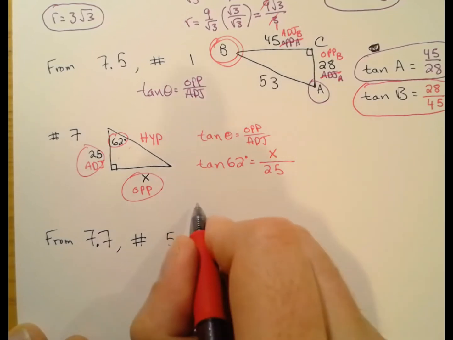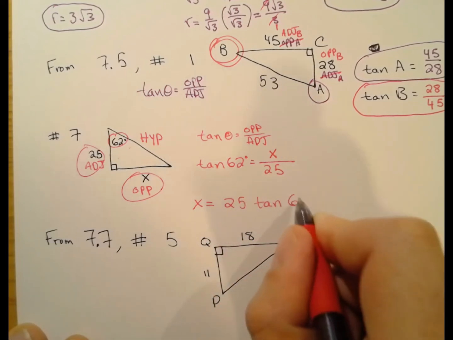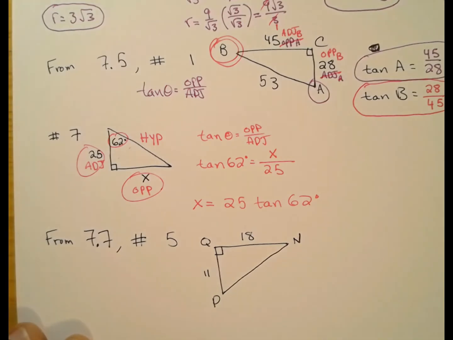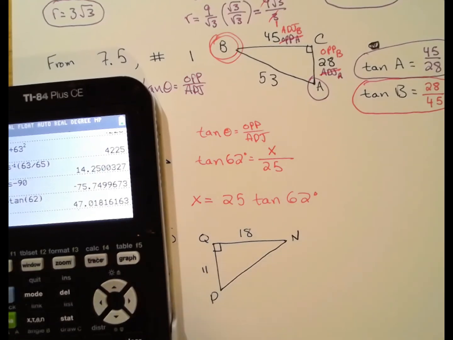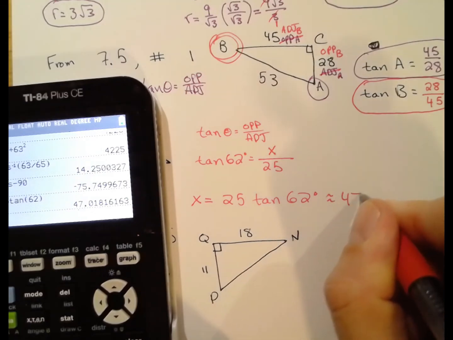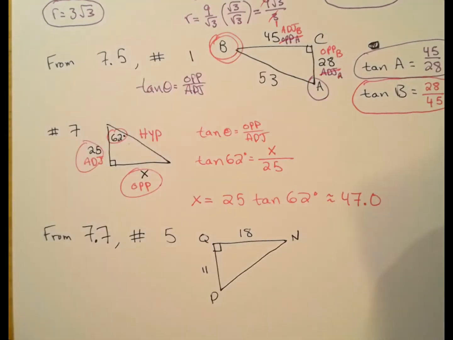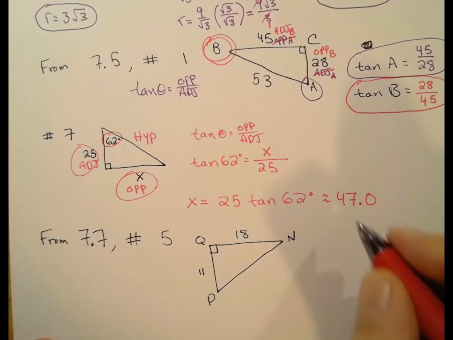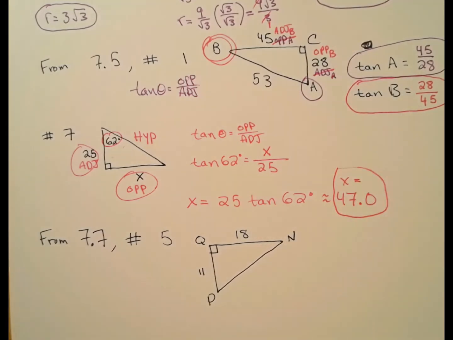Just multiply both sides by 25, and then we get x by itself. There's a calculator issue video if you don't get 47.0. I didn't have any units, so this is the x value for problem number 7.